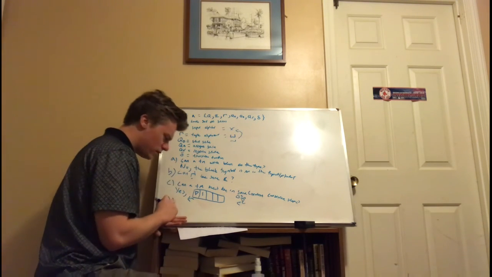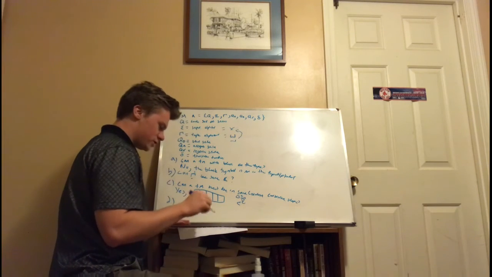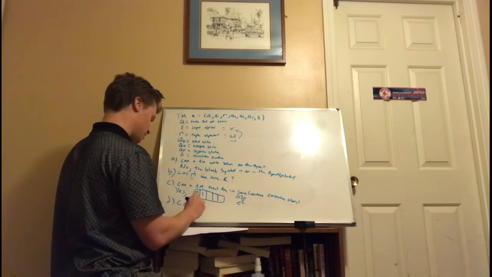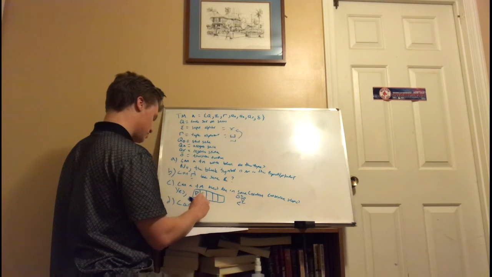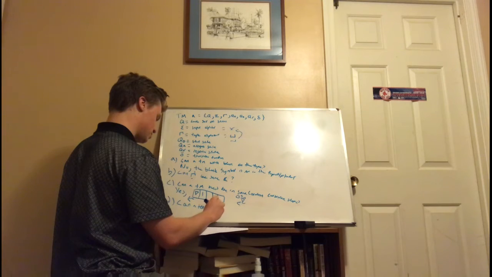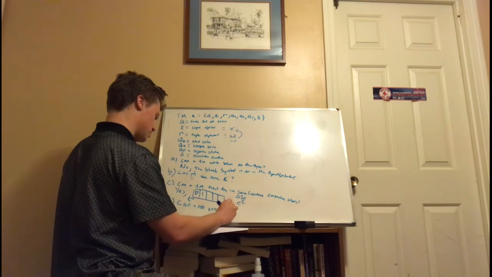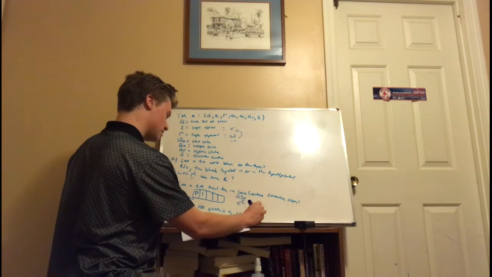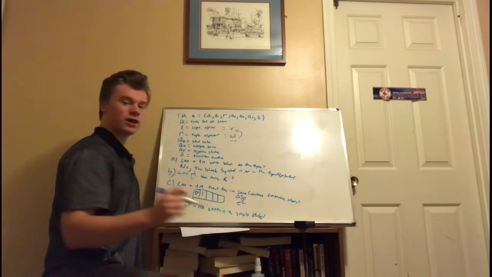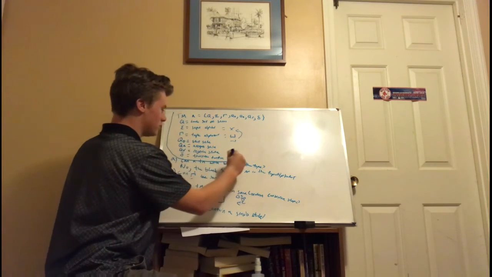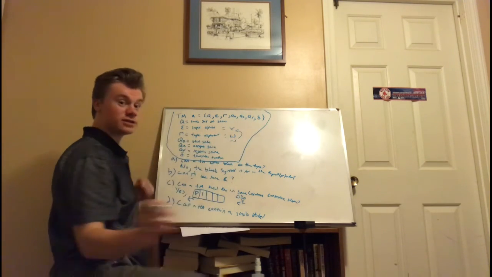Last one. Can a Turing machine contain a single state? Alright, so I want you to look at this formal definition and guess if it can contain a single state.